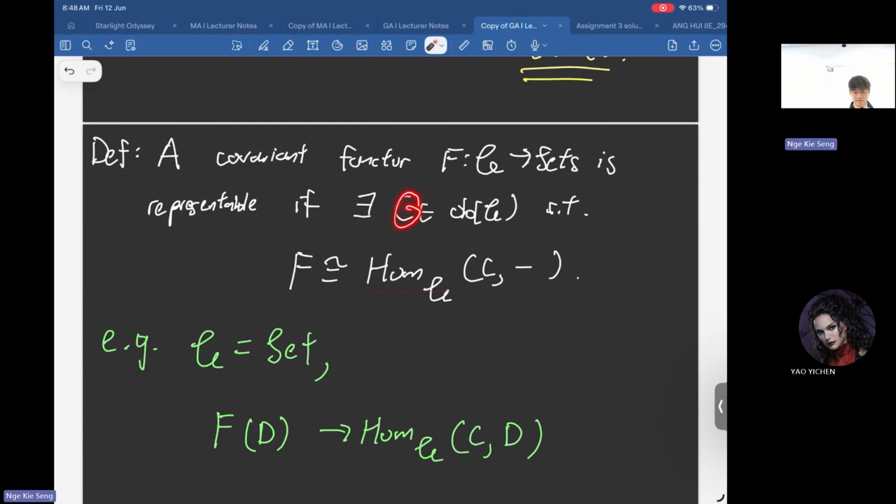This c is fixed for each f. So meaning you don't look at f anymore, but then you fix a c and then you look at the homomorphism out from the c. Then can give you this f.